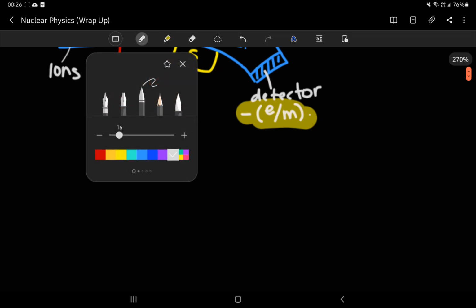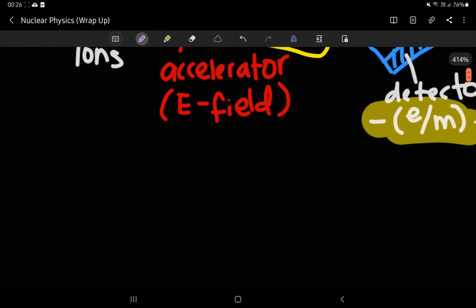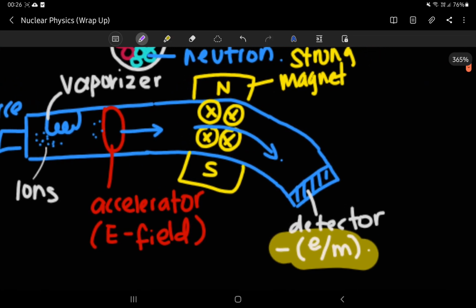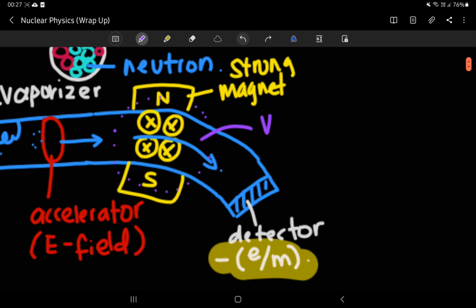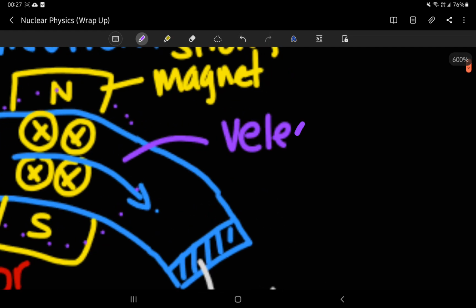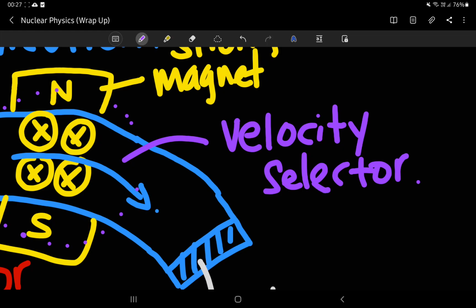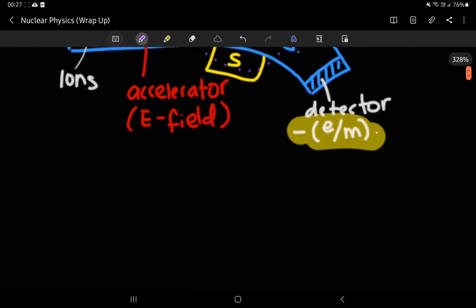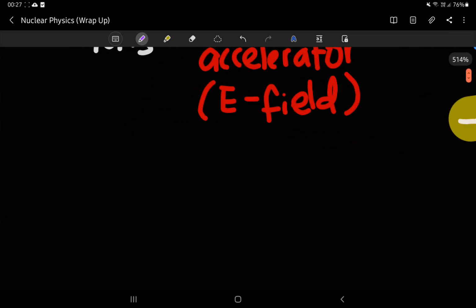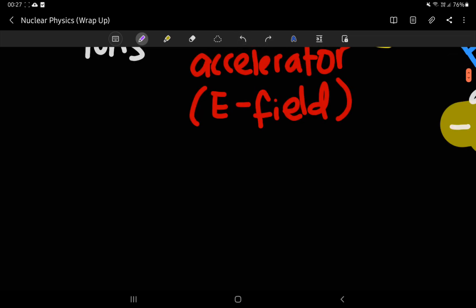So the equation is very simple. Here is the region of what we call the velocity selector. We are going to derive the equation for the charge per mass ratio.